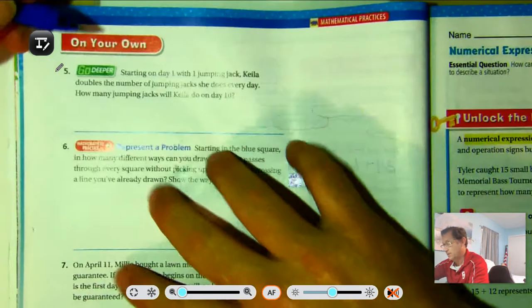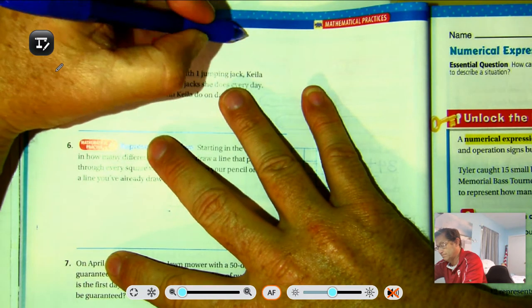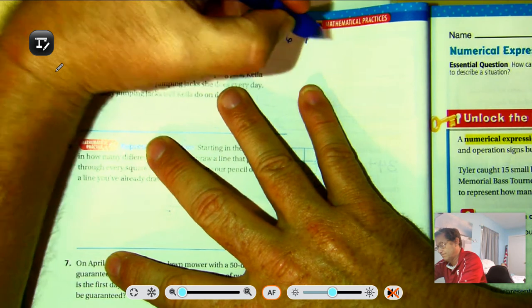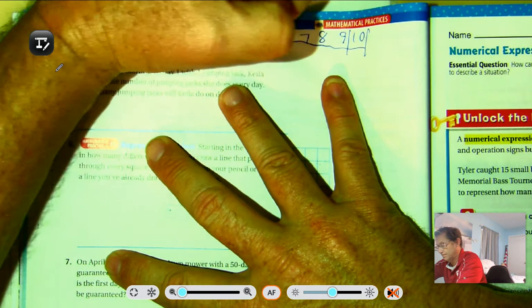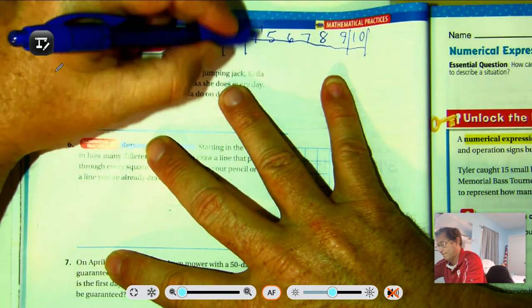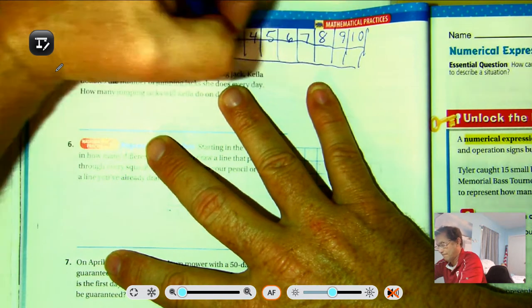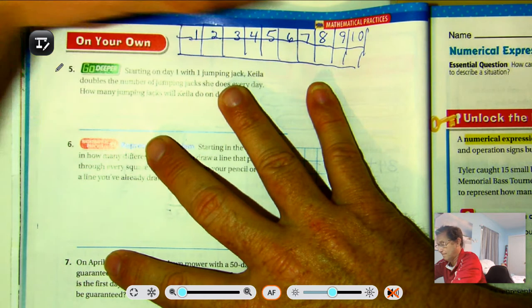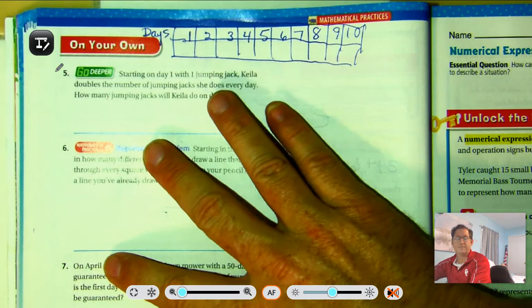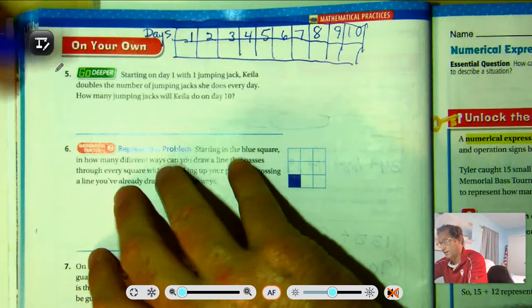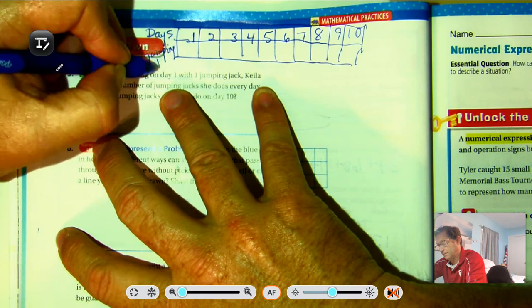Well, okay, so we have 10 days, right? So we could use a table. Okay, days, day 1, day 2, day 3, so on, and jumping jacks.